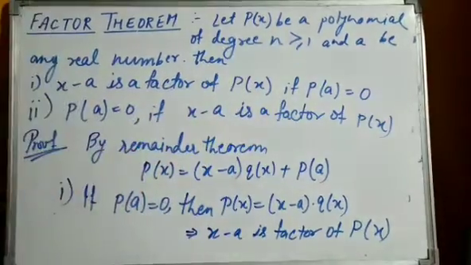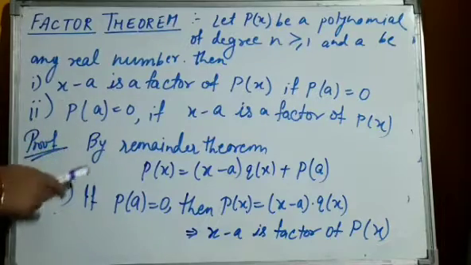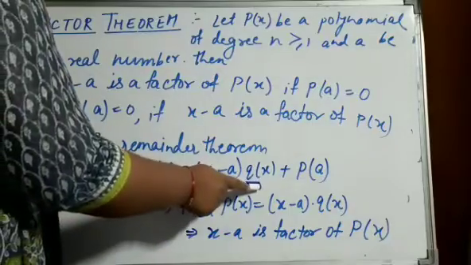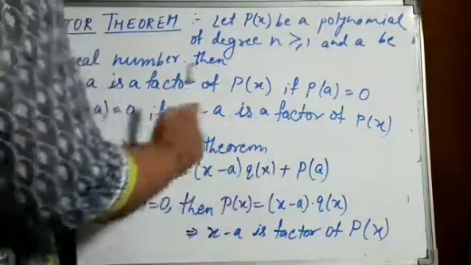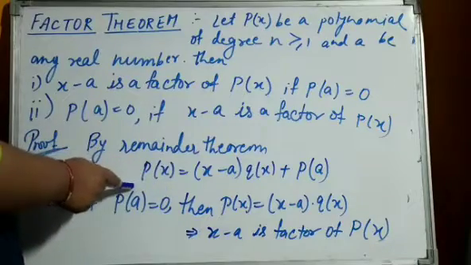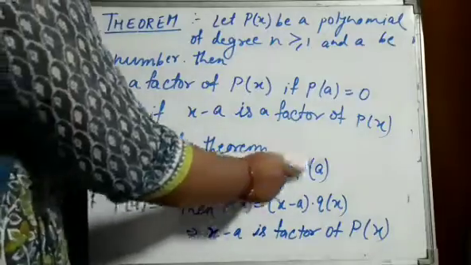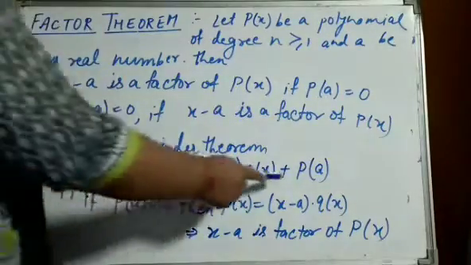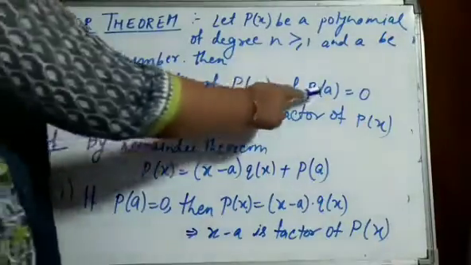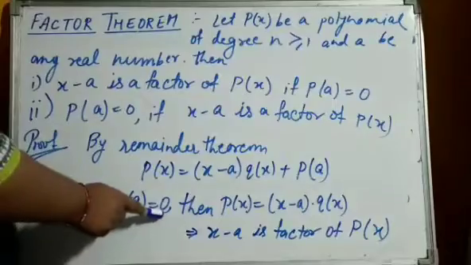This we will prove by the remainder theorem. Just now, in the proof of the remainder theorem, we have seen that if P(x) is divided by x minus a, we get quotient Q(x) and remainder P(a). We can write, in the same dividend form, P(x) is equal to divisor (x minus a) multiplied by Q(x) plus P(a). If this P(a) is equal to 0, as written in the first part, this means the remainder is 0.